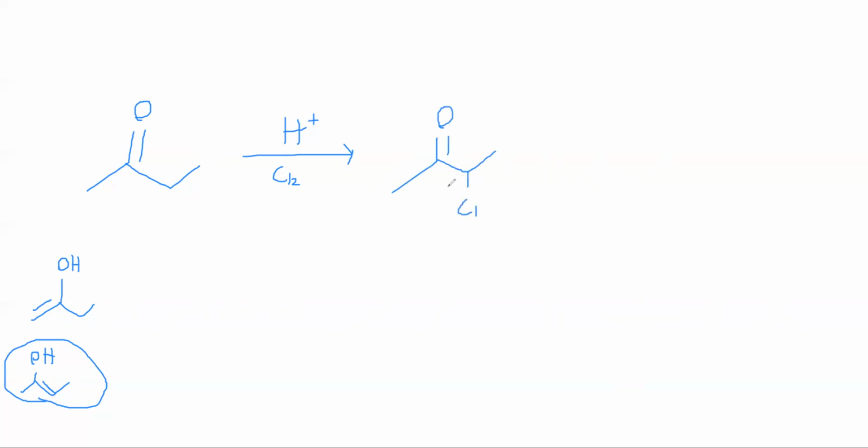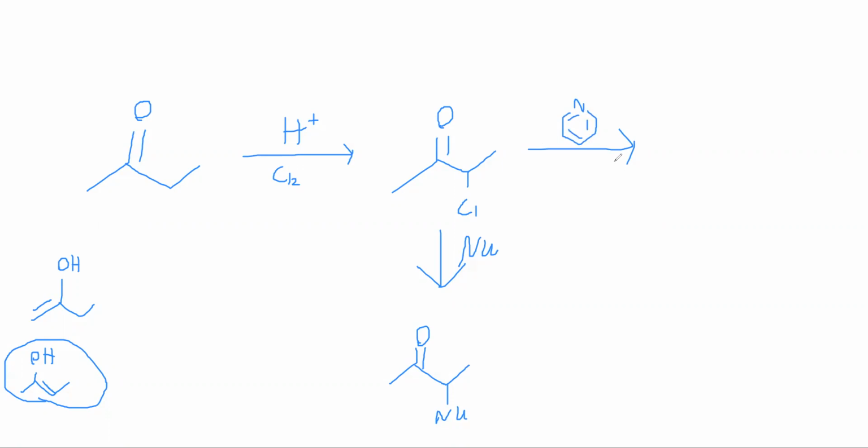And then once you have a halogen alpha to a carbonyl, you can do a few things with it. You could do some sort of SN2 reaction by adding a nucleophile. And then depending on what that nucleophile is, you could do more stuff to that. Or you could add a base like pyridine. I guess I'll just draw the structure. That'll probably be easier.